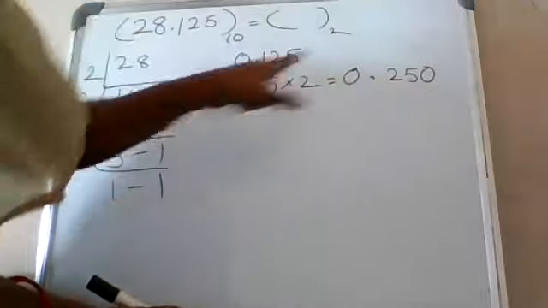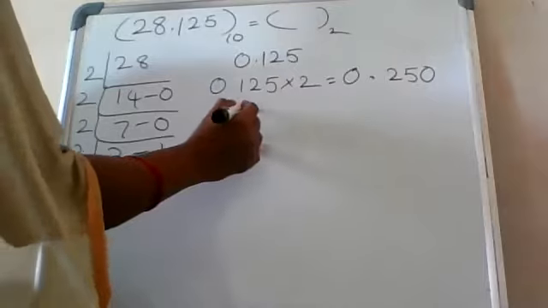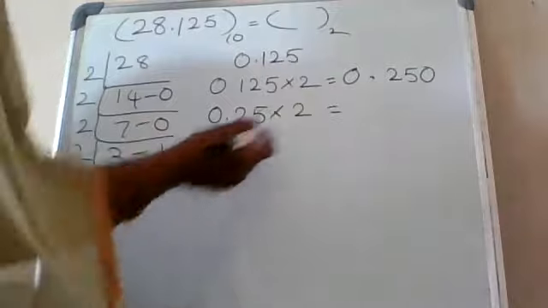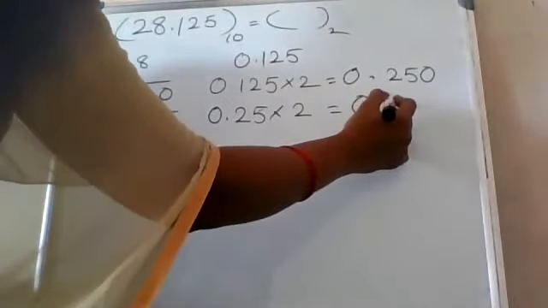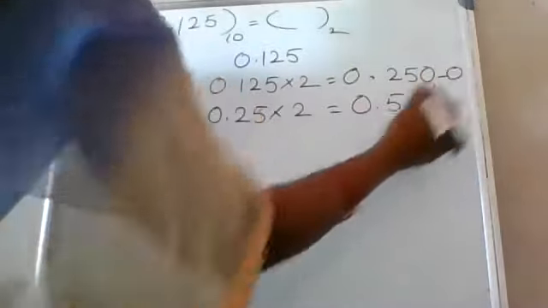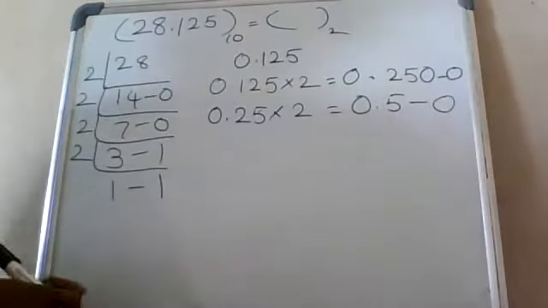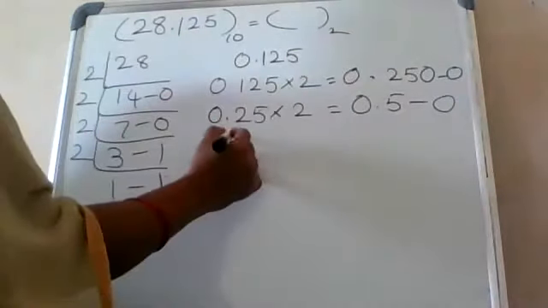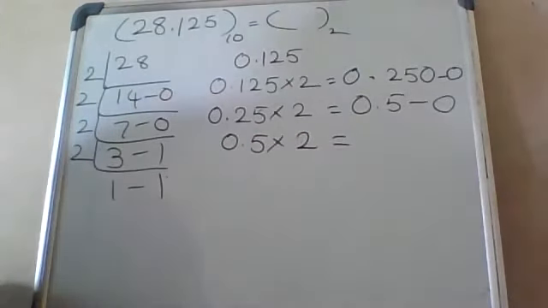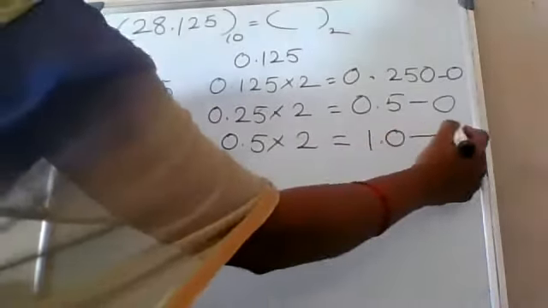Again 0.25 multiplied by 2 gives 0.5. Again multiply by 2, we get 1.0. Here the remainder is 1.